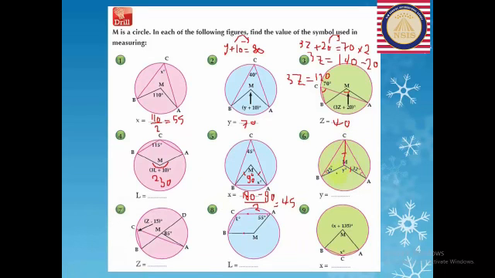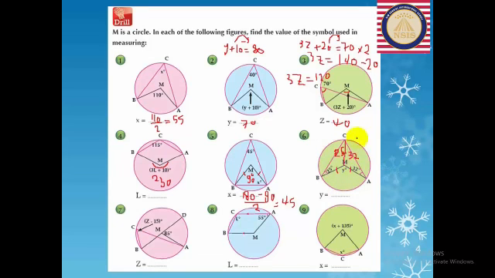This equals that equals that. So in the triangle AMC, this is 32, so 32 here. And in the triangle CMB, this is 25, so this will be 25.